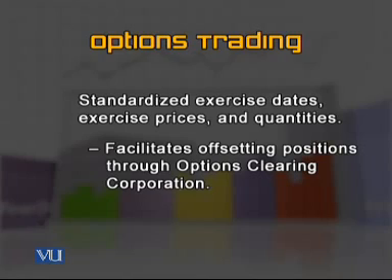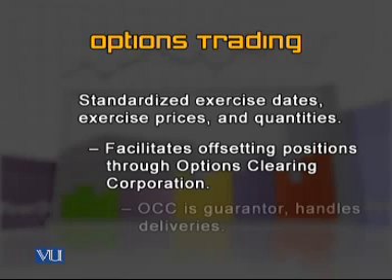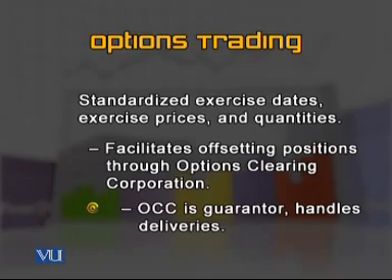The Options Clearing Corporation provides facilities for offsetting positions. The Options Clearing Corporation is a guarantor and handles deliveries. Like you have clearing houses in equity markets, you have clearing houses in the options market which handle all the deliveries involved in options trading.